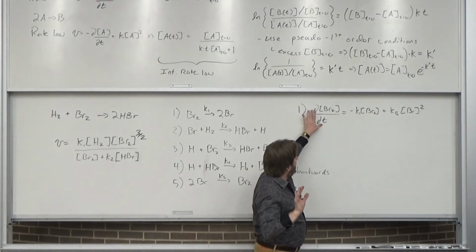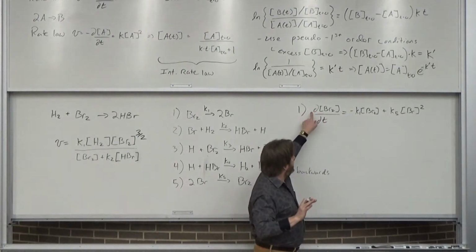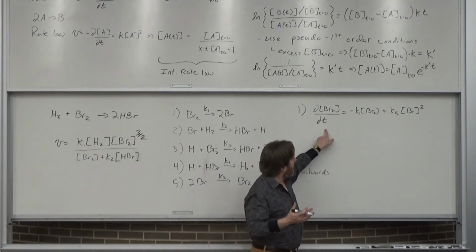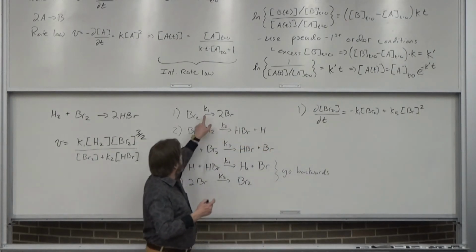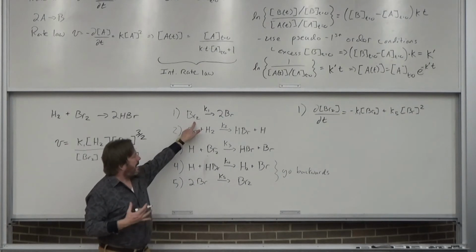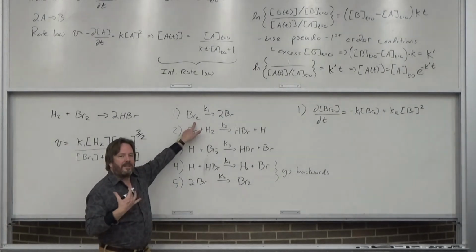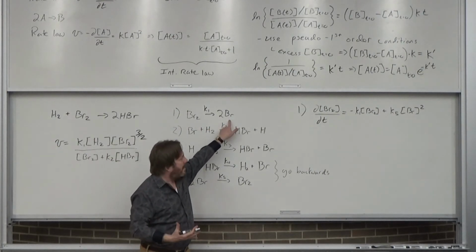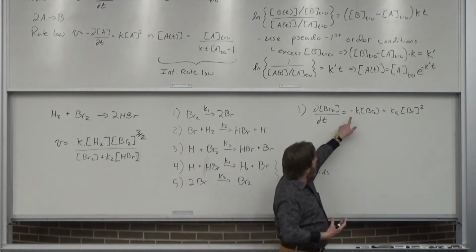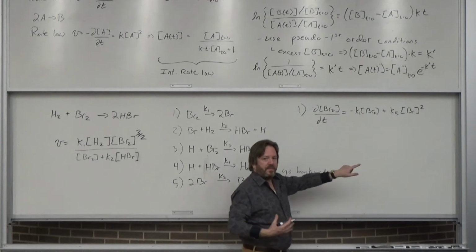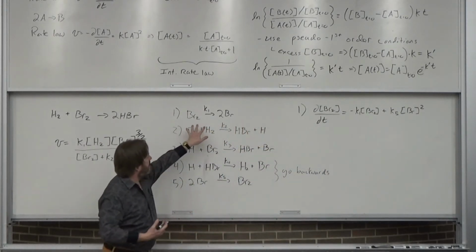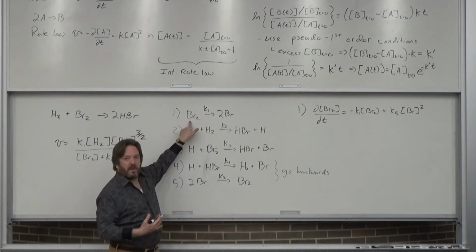Here's what's happening. This is the rate of change of Br2, right? That's obvious. And notice in the first reaction, it drives its own disappearance, right? Because it falls apart. So that means that I'm going to put a minus k1 [Br2]. Minus, because this reaction removes Br2.